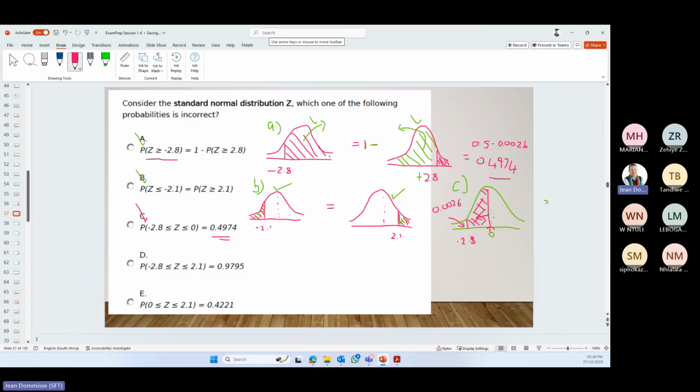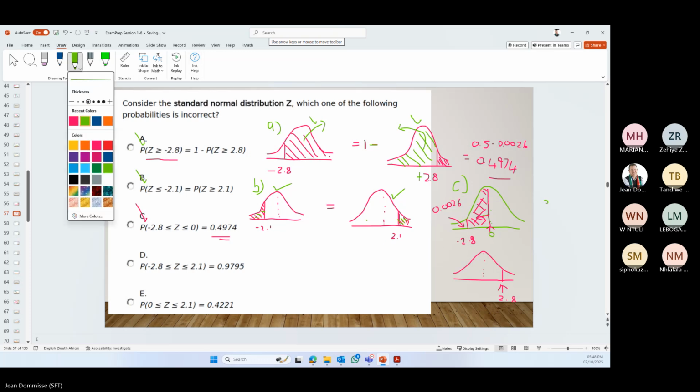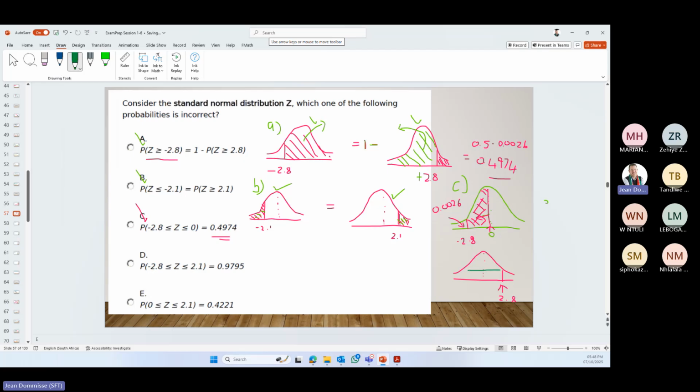Okay, if we used the positive table, we would have gotten 2.8 here. Then it becomes difficult because the positive table includes this whole area, so you're not 100% sure.